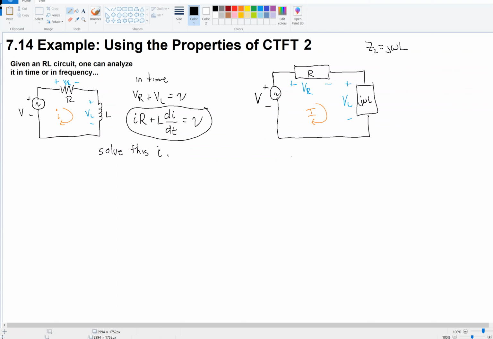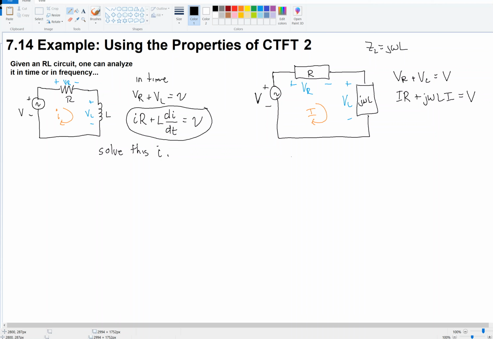And so what you can do here is still apply Kirchhoff's voltage law around the loop. You say VR plus VL is equal to V, same thing as what we have here, but for some reason we're using capital V in this picture. And then the voltage drop across the resistor is I times R plus, using Ohm's law with the impedance, j omega L times I, the impedance times the current, and that gives me the voltage.